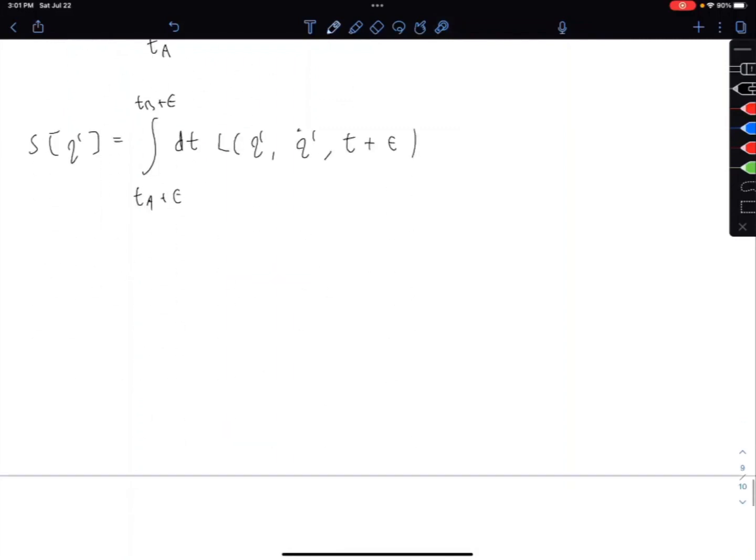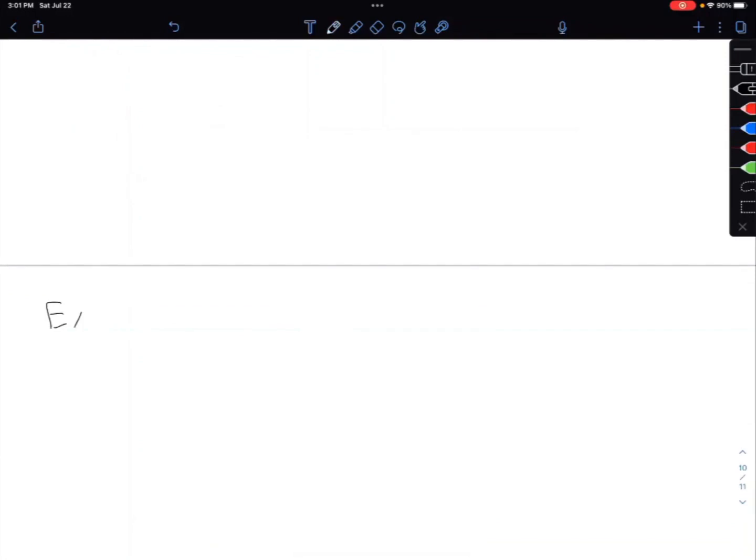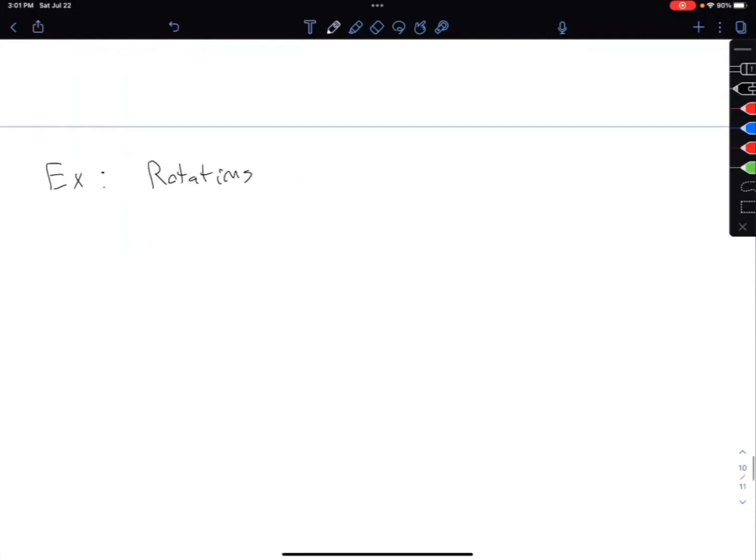Okay, another example, rotations. Now I'm not going to plot time anymore. I'm going to plot X and Y, and we just have some points and we're going to rotate them.